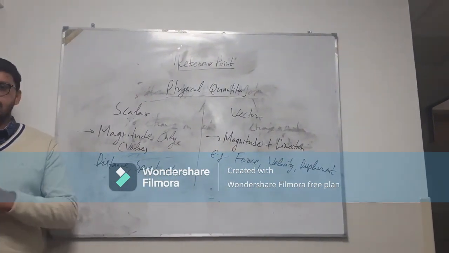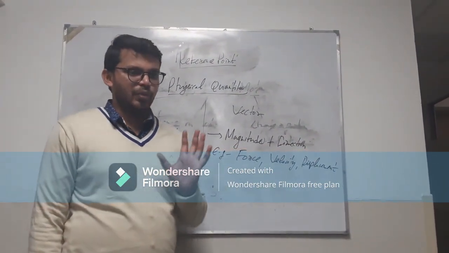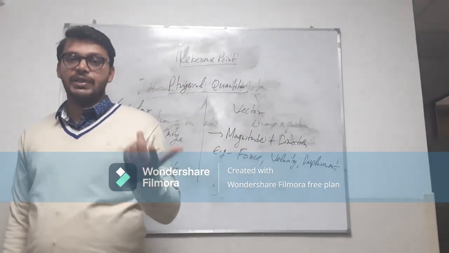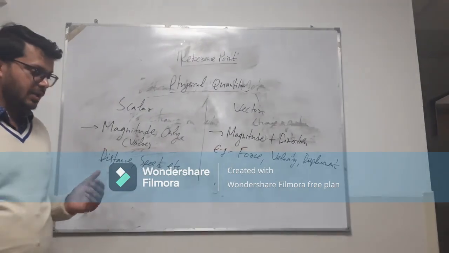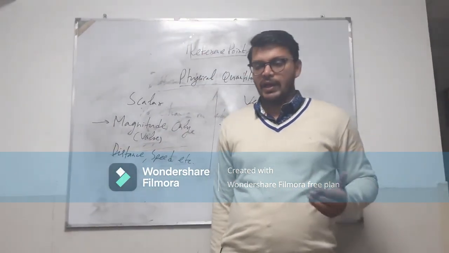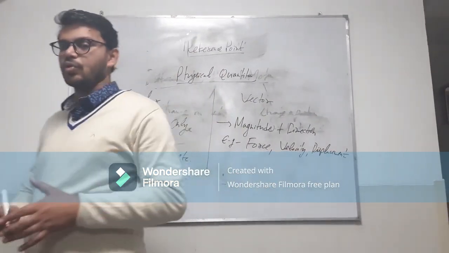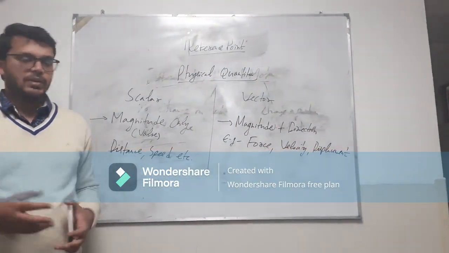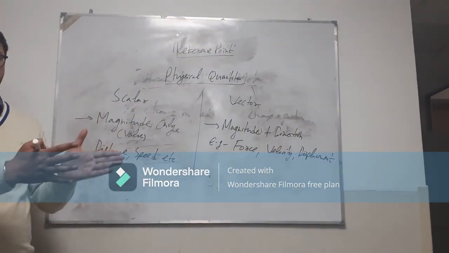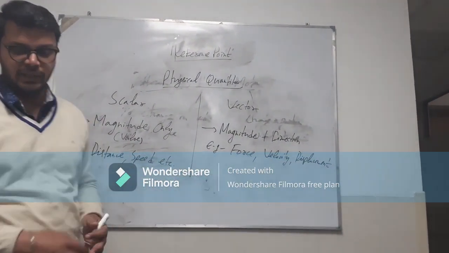For example, if I say I am putting force on somebody, you will ask, sir, how much, and in which direction? If I say I came out from my house and started moving in one direction, your question will be, sir, in which direction? So when we need some direction to define something, that is called a vector quantity.